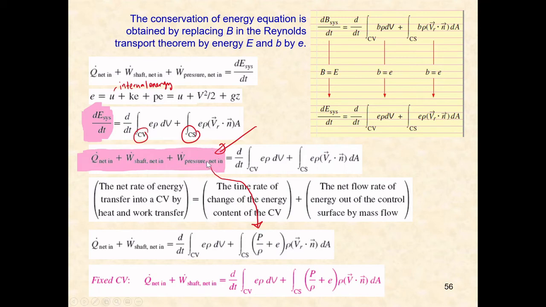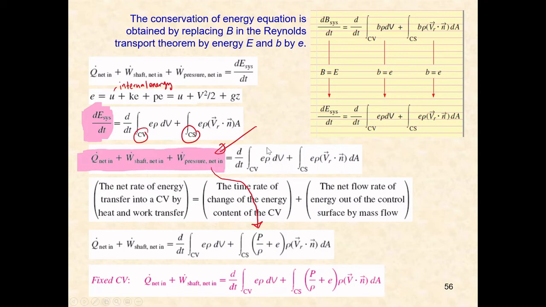On the left side, you account for the heat transferring into or out of the system. We also account for the work done by the shaft as well as the work done by the pressure, in and out. And then on the right side, we have the conservation of energy in the system that accounts for the mass storage in the system.